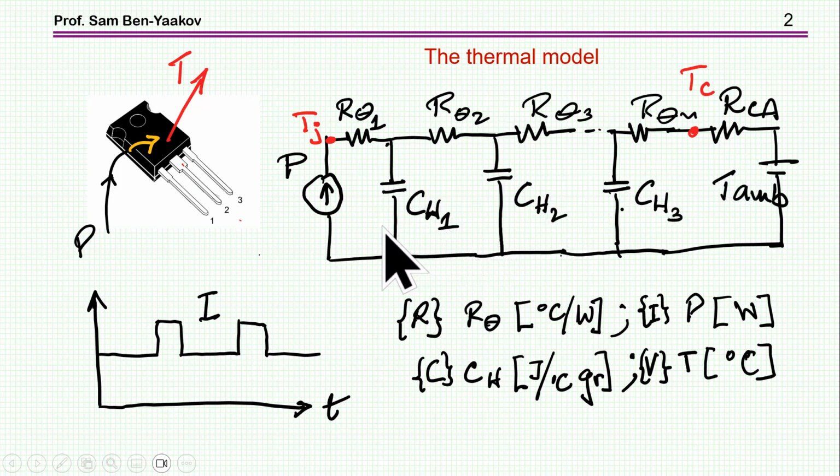But if you have a pulse coming in, then temperature starts rising and some of the heat is being absorbed by the mass. So these capacitors represent the thermal capacitances within the area of the die and the structure, as a matter of fact. There is a need for a distributed representation because the heat is propagating throughout the die.